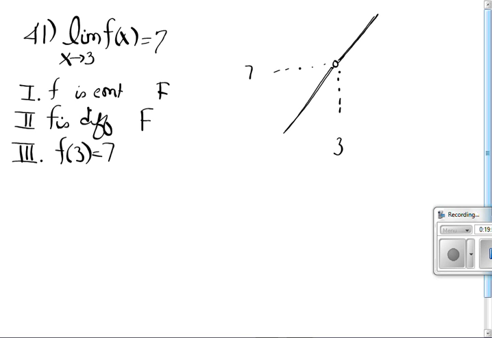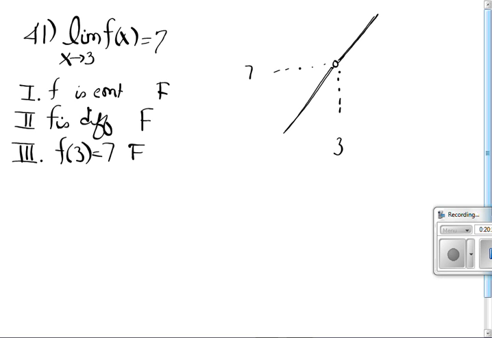So, do I know for a fact that the function is 7? No, it might be, but it says must be true. If it's not, it could be true. It could be true, but it doesn't have to be. So none of them have to be true. Is that continuous?